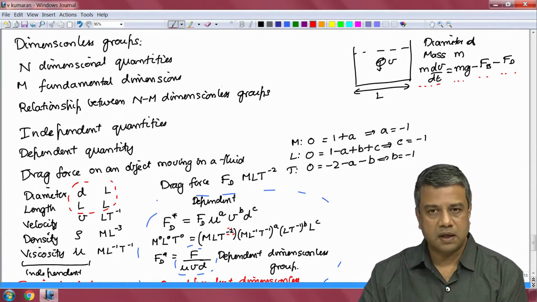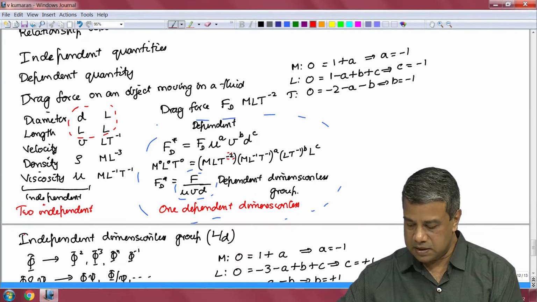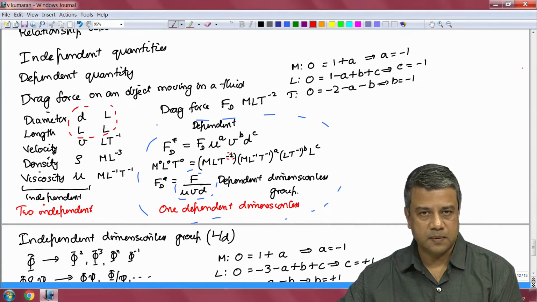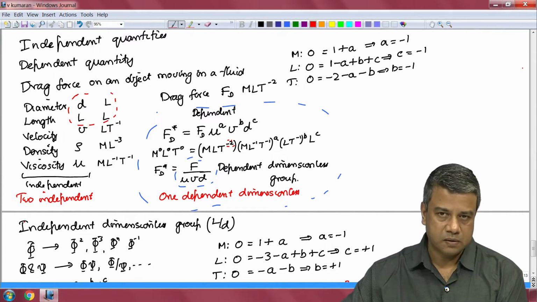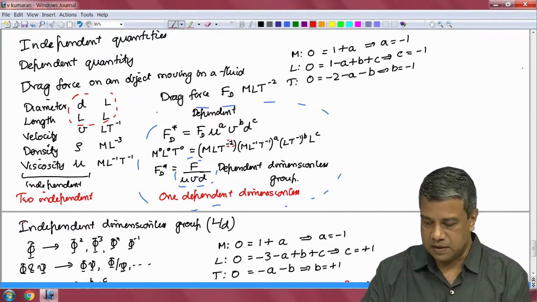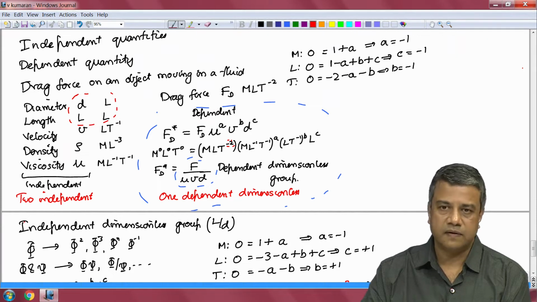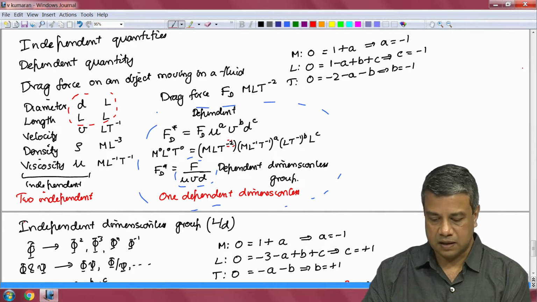We had gone through a dimensional analysis to find the dimensionless dependent group and the dimensionless independent groups. There is one dependent group, and it can be non-dimensionalized by some independent parameters. Similarly, in this problem we identified 5 independent dimensional parameters: the diameter, the length of the tank, the velocity, the density, and the viscosity.